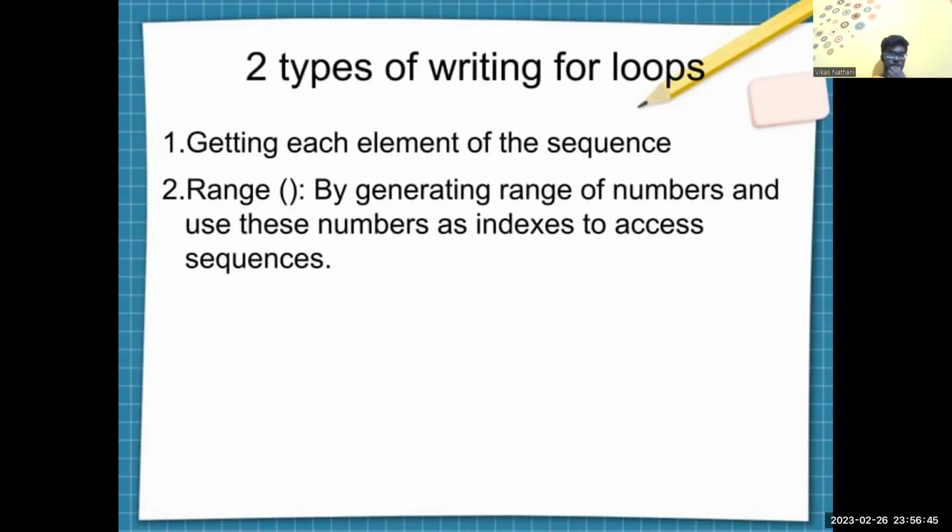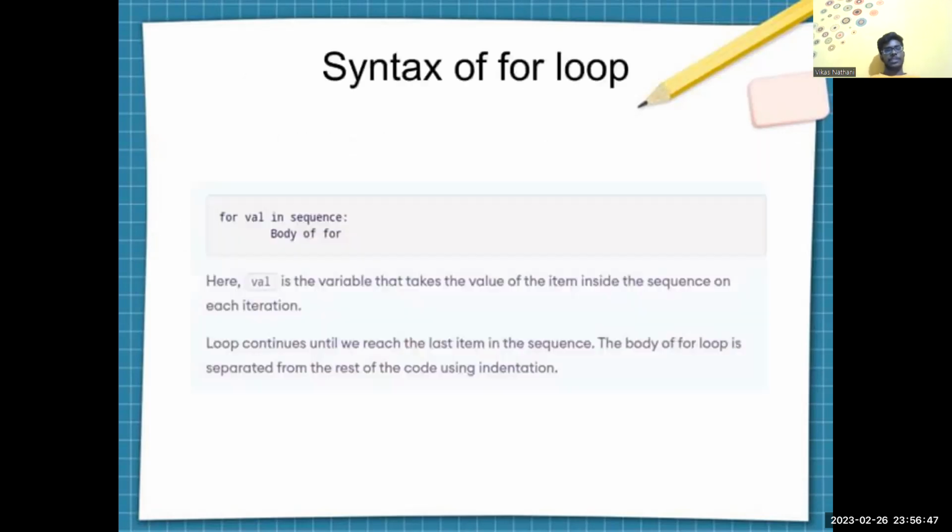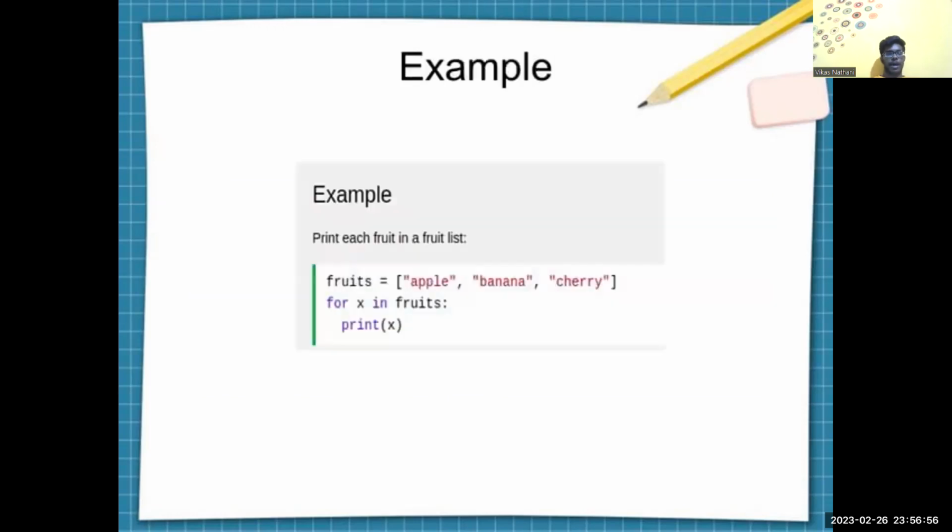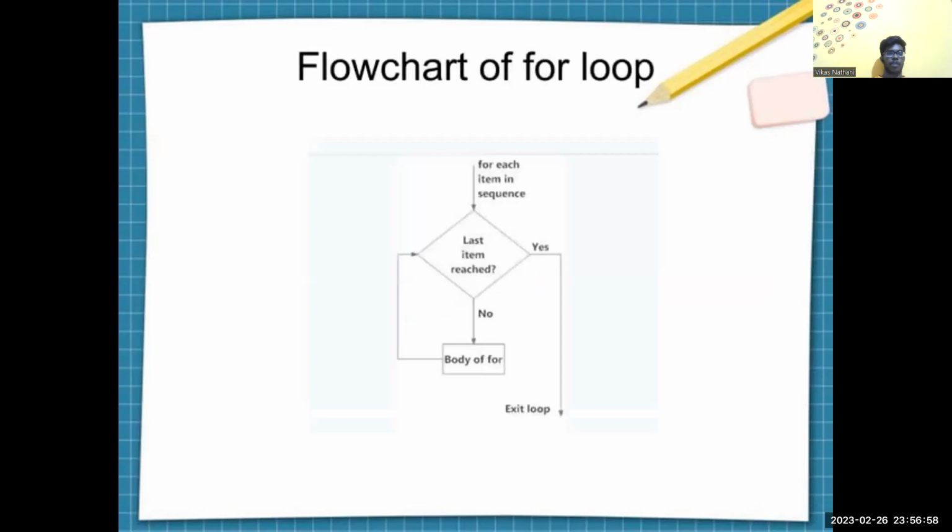Now let's do the syntax of the first one: for variable in sequence, and then the body of the loop will be given. You have seen two examples of that, and the flowchart. Until the last item is reached, the loop continues going on.